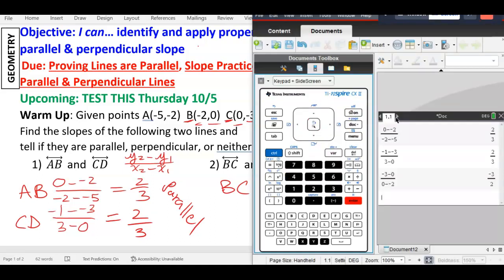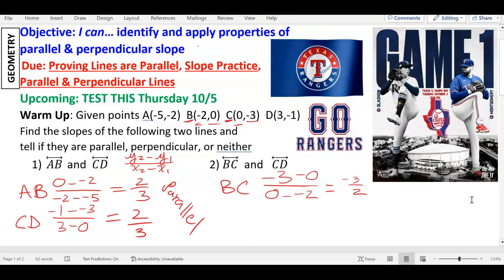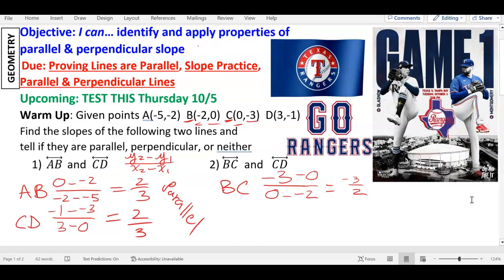So when I typed it in earlier, off to the side here, you can see I got negative 3 over 2 for BC. And then CD, didn't we already find CD over here?